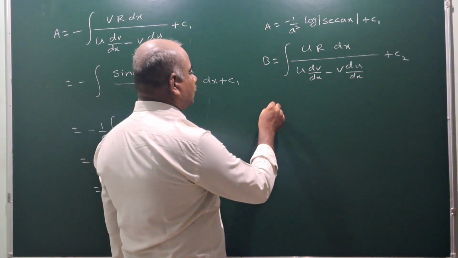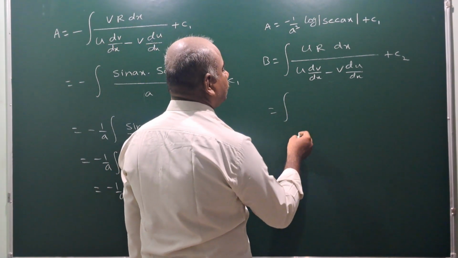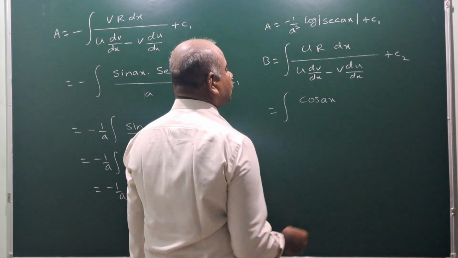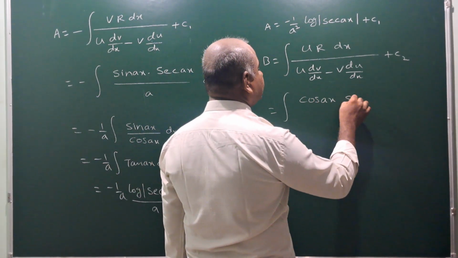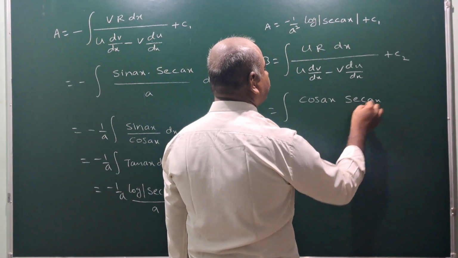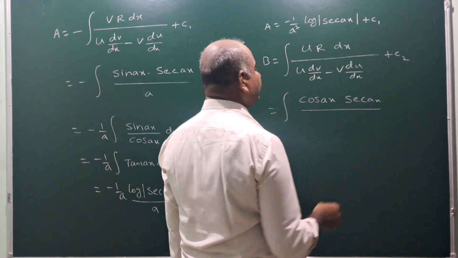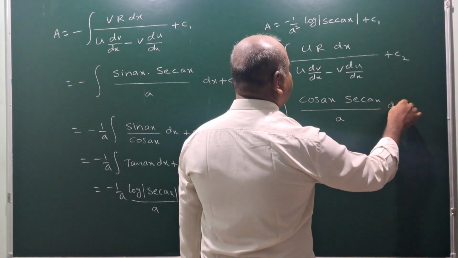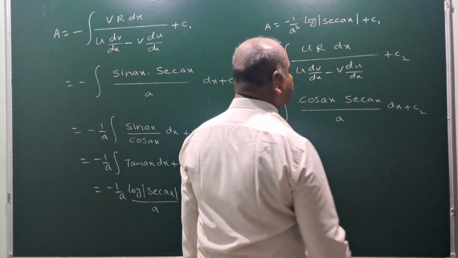Now substitute the values of u and r: u means cos ax, r means sec ax, divided by a, dx, plus c2.